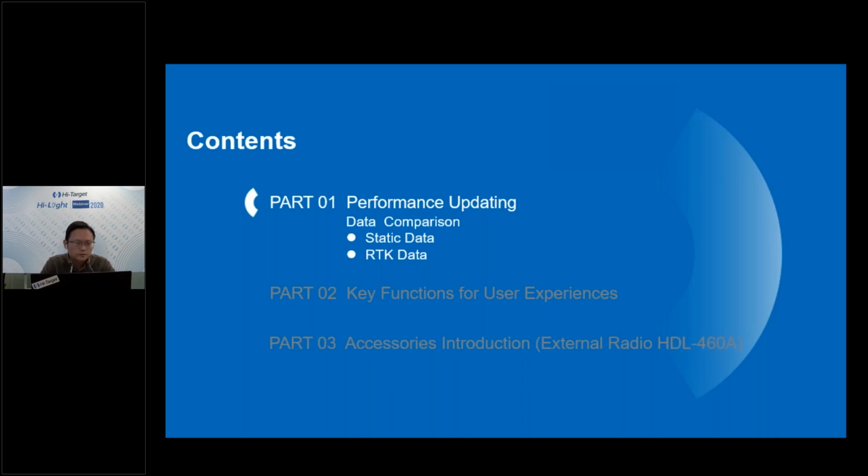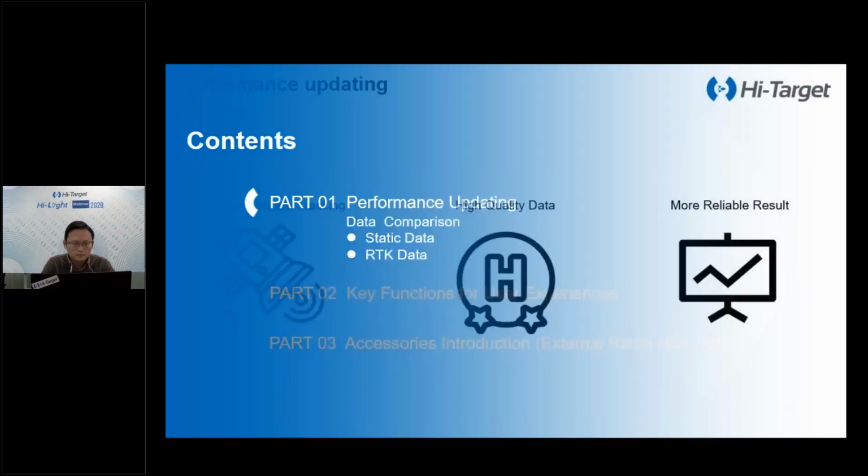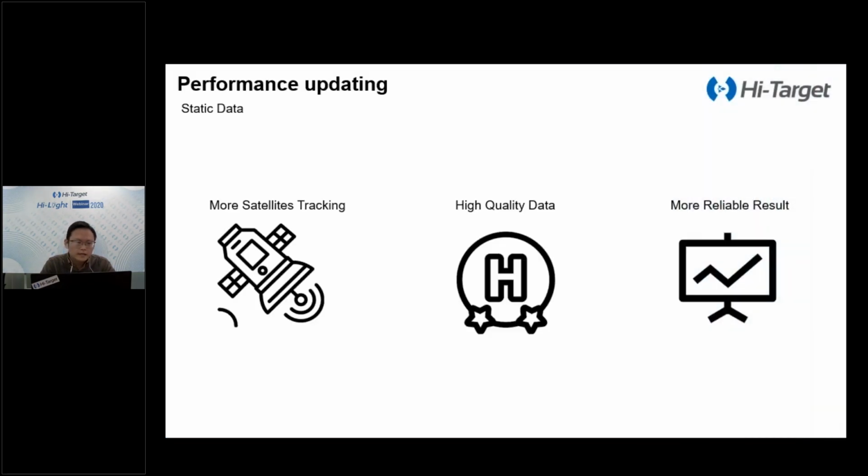First, let's have a look at data comparison on both static data and RTK data, because we normally use the receiver in these two modes. So regarding static data, we will compare them from these three aspects: satellite tracking ability, data quality, and reliability.